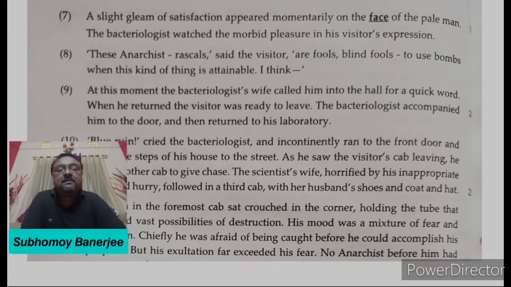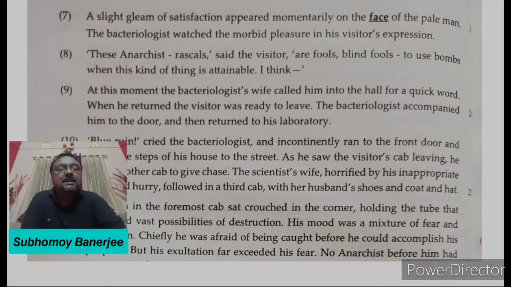Remember when Bassanio reaches Belmont and participates in the lottery of the 3 caskets? You came across this word, visage. Visage means face. So face here refers to a body part, but there is one more meaning of face. You have to think. I am repeatedly saying you have to think.